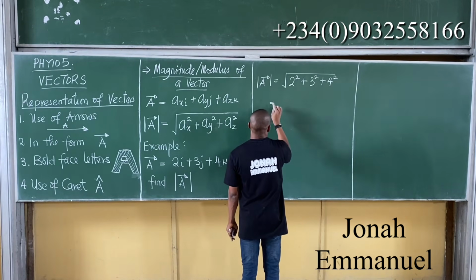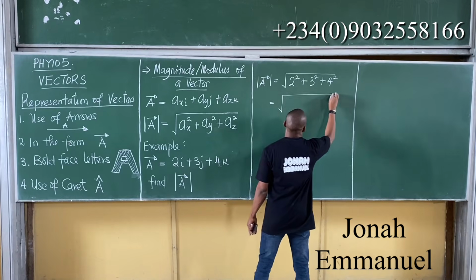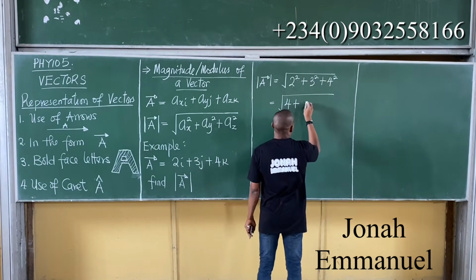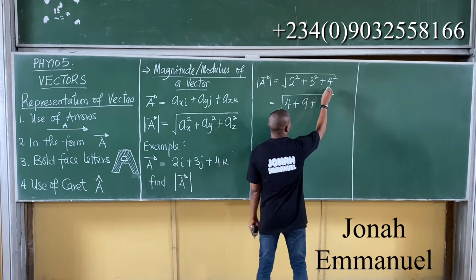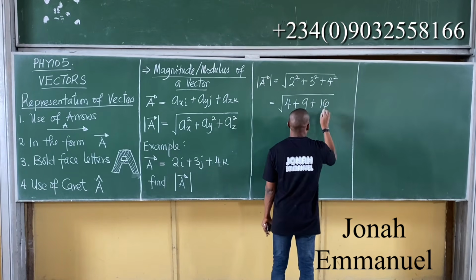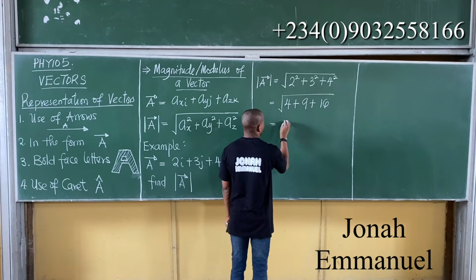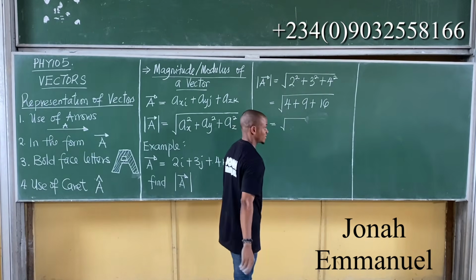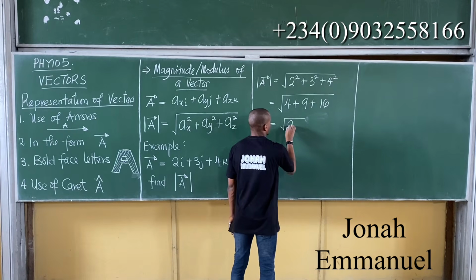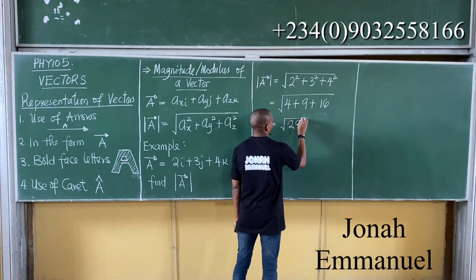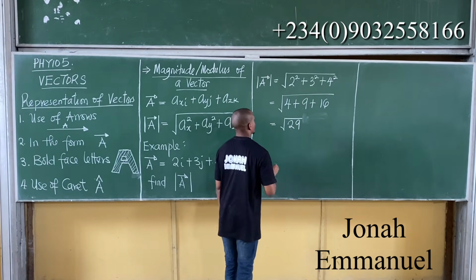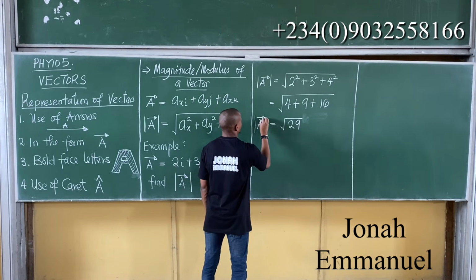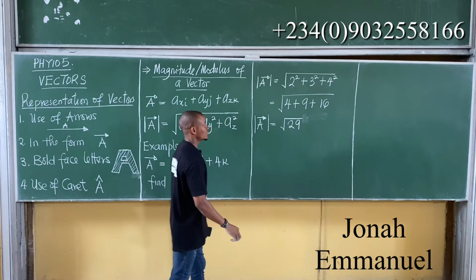This is now equal to the square root of 2 squared, which gives 4, plus 3 squared, which gives 9, plus 4 squared, which gives 16. If I sum this up, 4 plus 9 is 13, plus 16 is about 29. Hence, the magnitude of A is equal to the square root of 29.